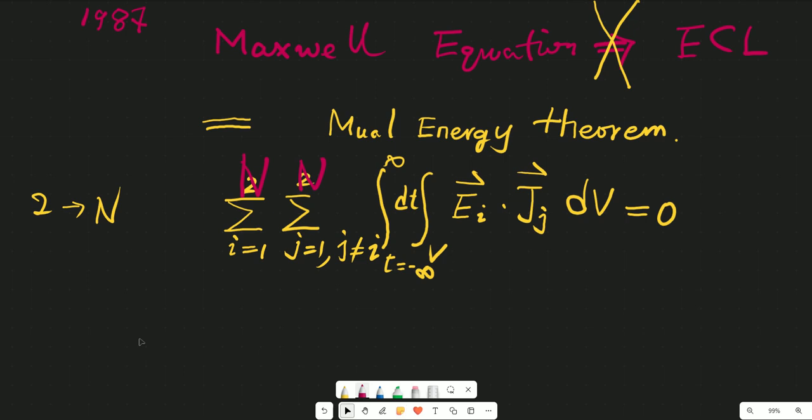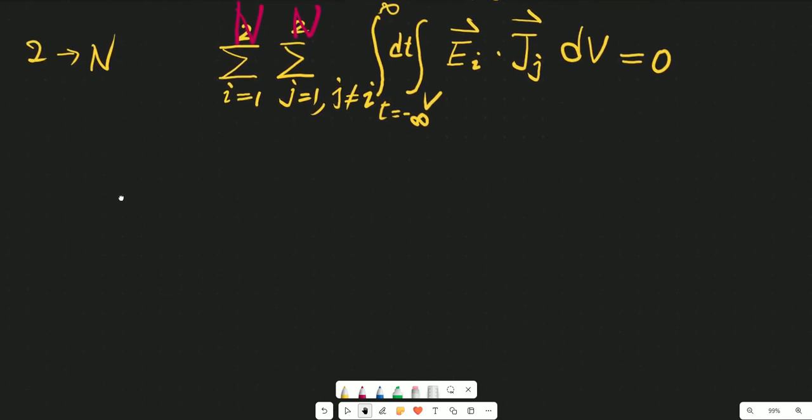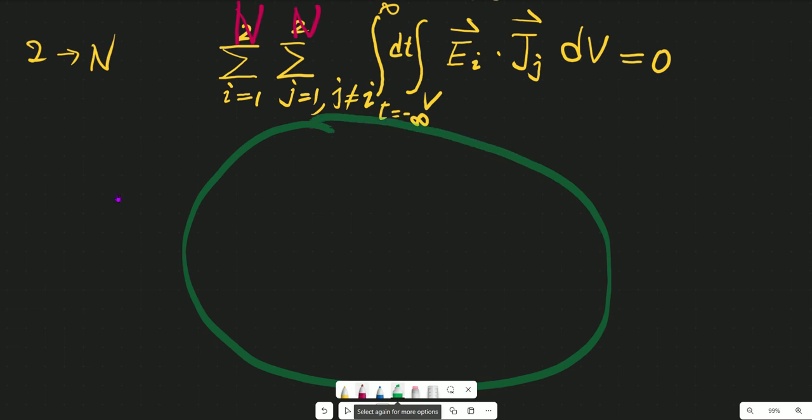From this, we can see if I have a region, inside I have two currents.